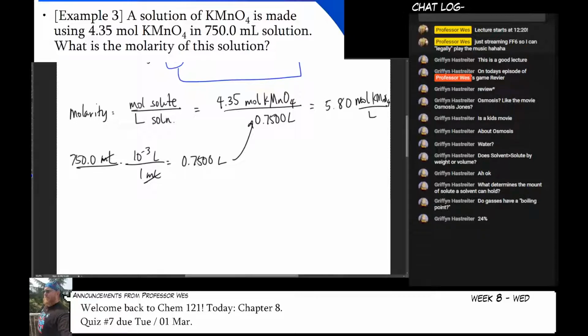Now, this unit right here can be expressed in a shorthand method as just a capital M, and then you write what it is after it. So we have a 5.80 molar solution, or moles per liter.